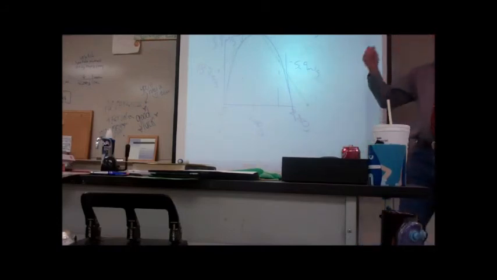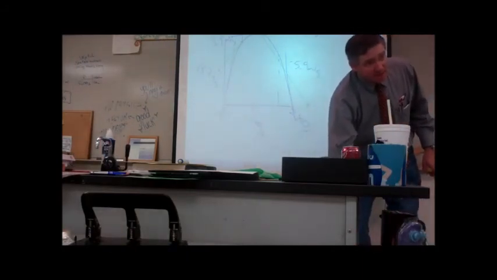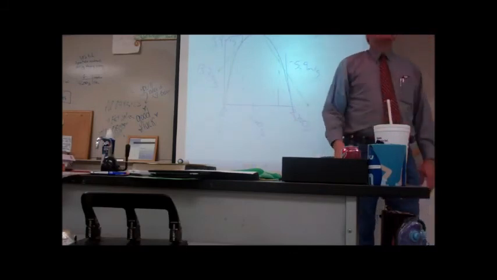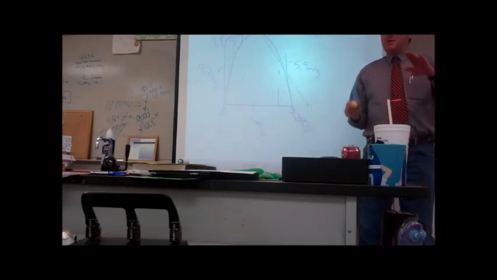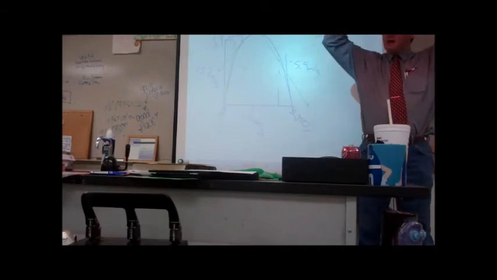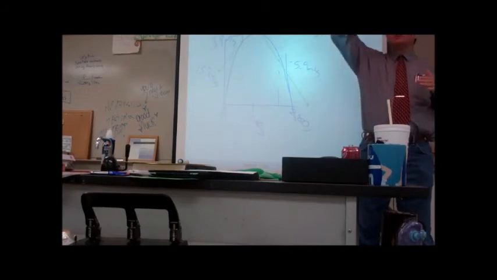Okay, so what you're going to do is you're going to time it from the time that it hits the ground until the time that it gets back down. So you're going to go bounce to bounce. Now, the other thing that's tricky is that you have to record the maximum height of the ball. Okay? So you got to have somebody watching how high it is.